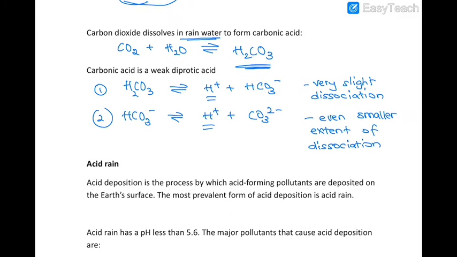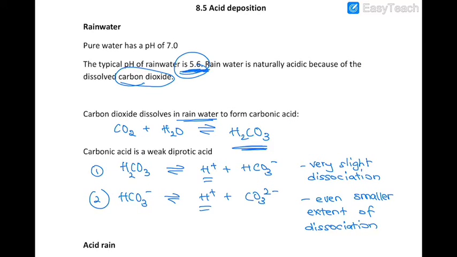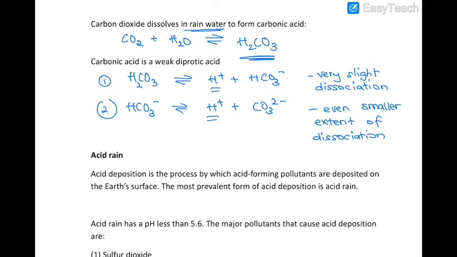Now, anything that causes the pH of the rainwater to be less than 5.6 is going to be called acid deposition. The acid forming pollutants that we have are oxides of nitrogen as well as oxides of sulfur, so sulfur dioxide, sulfur trioxide.